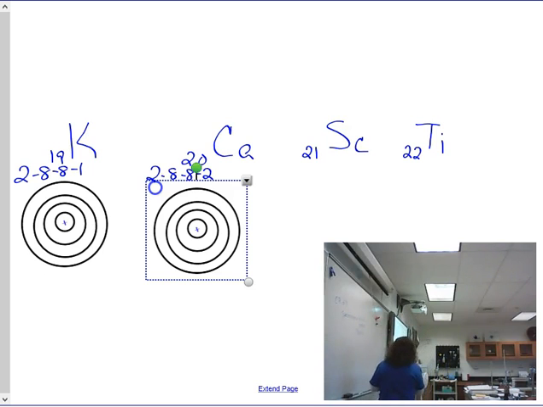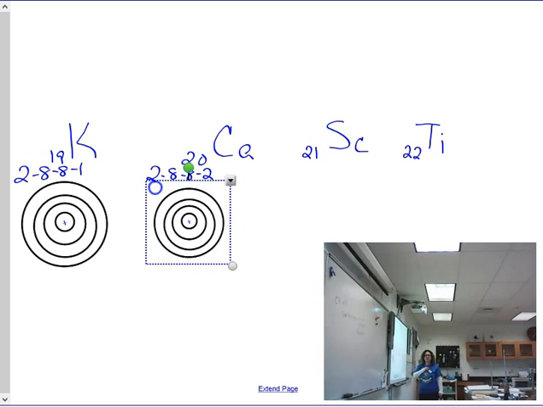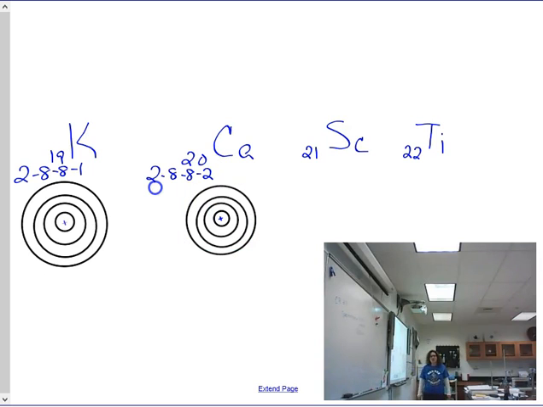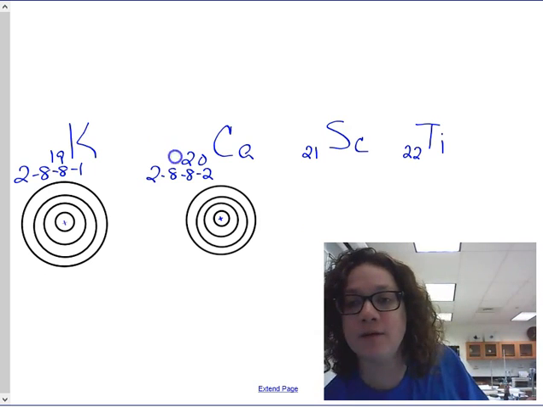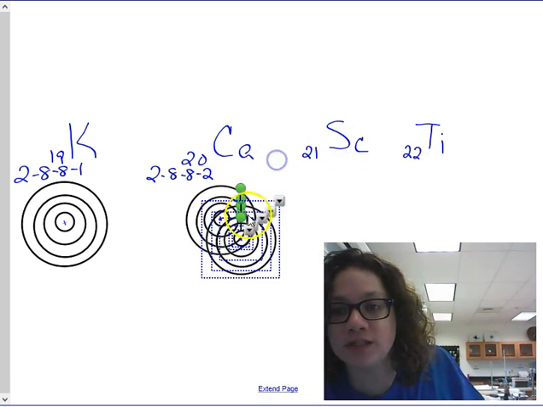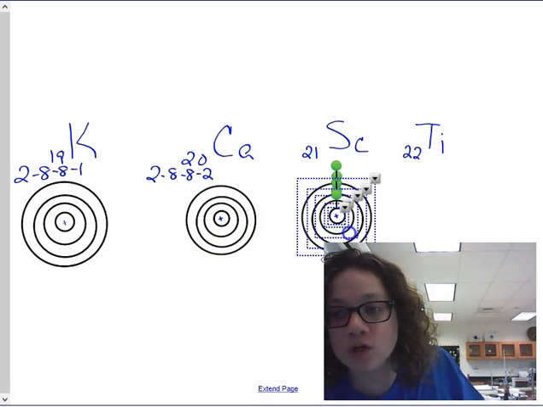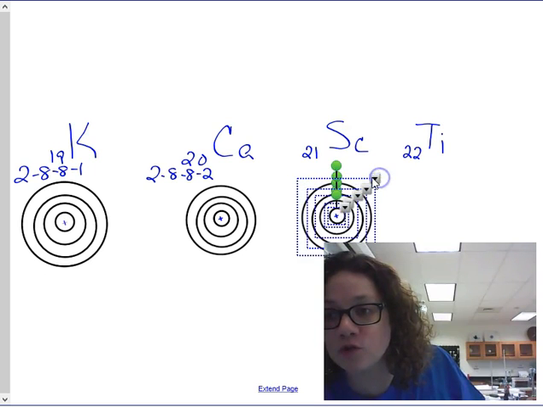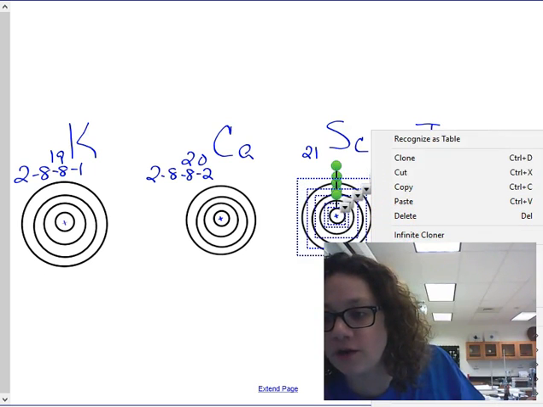Therefore, the radius of calcium is just a little bit smaller than the radius of potassium because it has 4 orbitals but more protons in its nucleus. Scandium has 21 protons in its nucleus. Therefore, it will also have 4 orbitals, but its orbitals will be closer together.